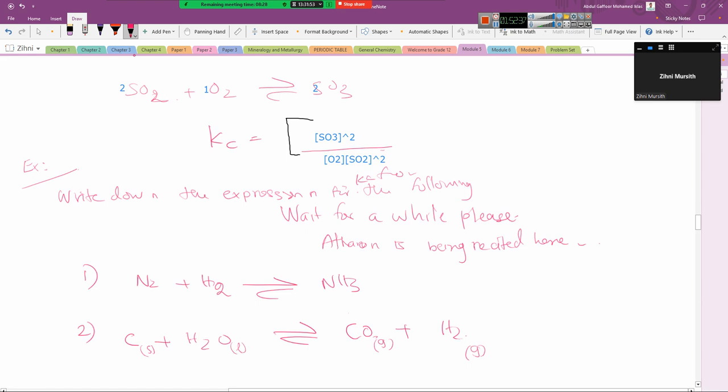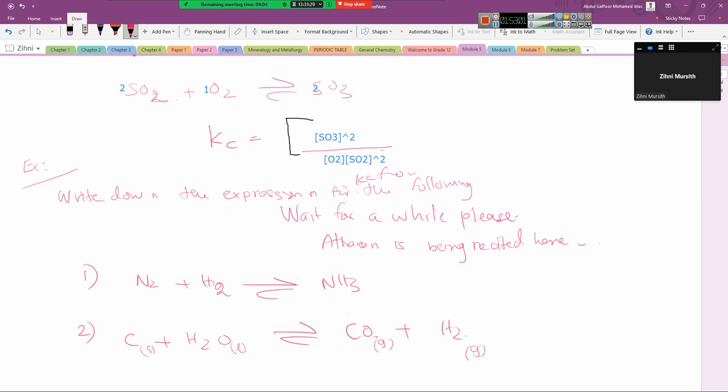One more thing you have to consider: for solid substances, do we define the term concentration? No, we don't. We define concentration only for liquids and gases.